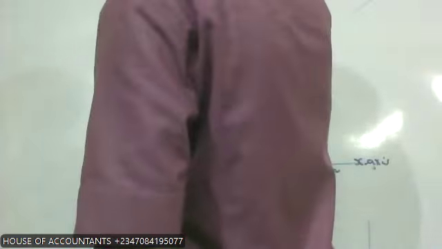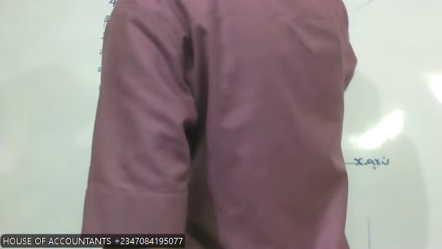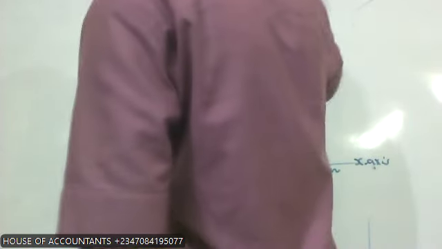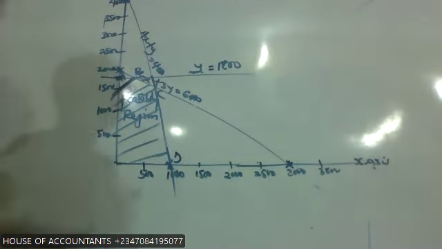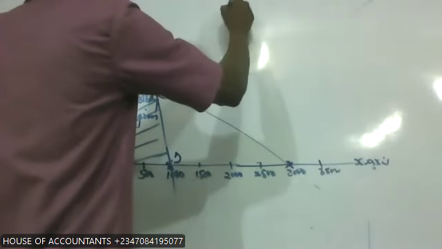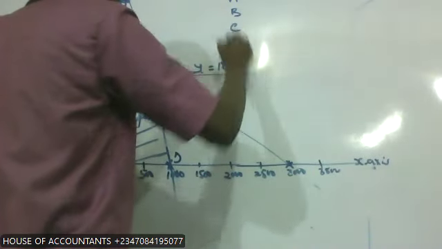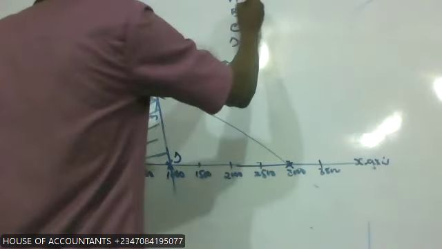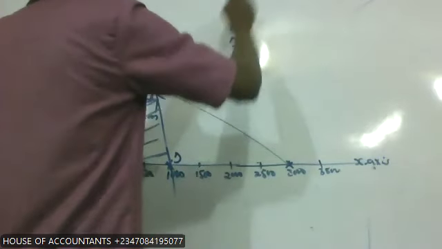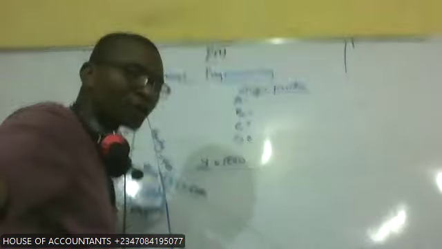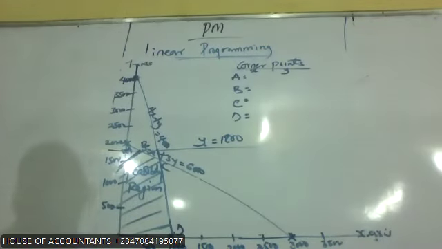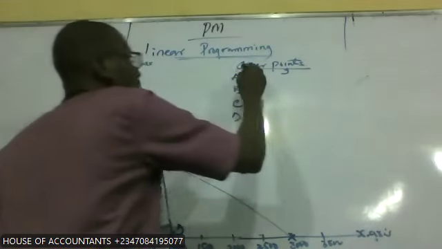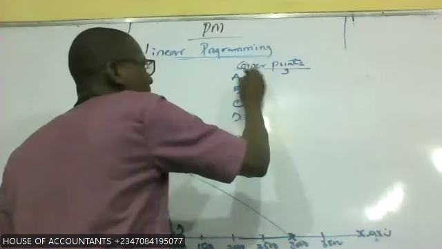We have corner points. We have A, B, C, D. We have two products, product X and Y. What is our contribution? 5.